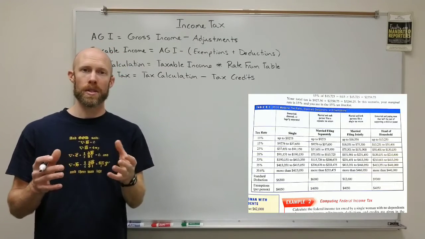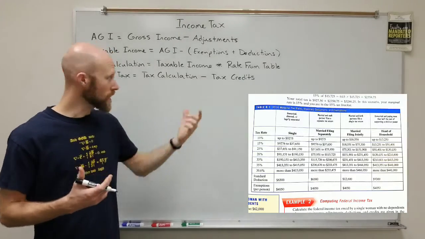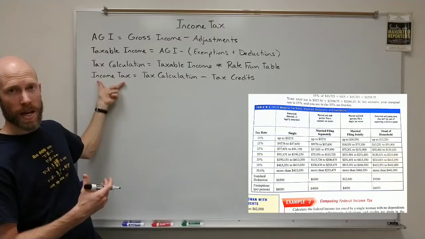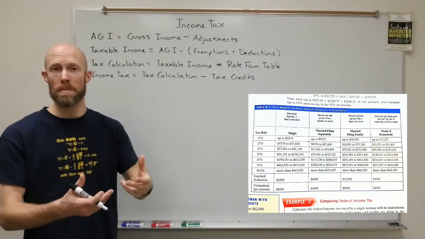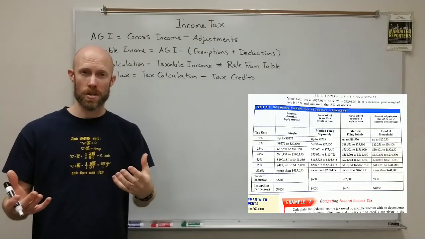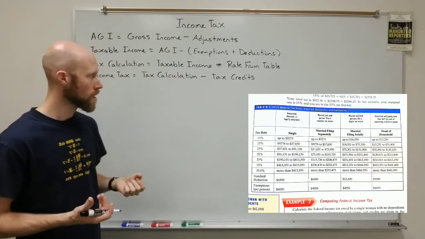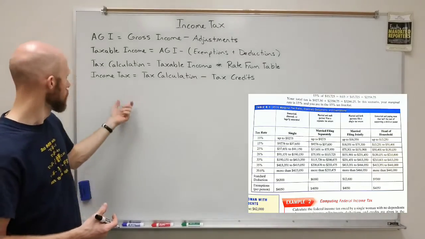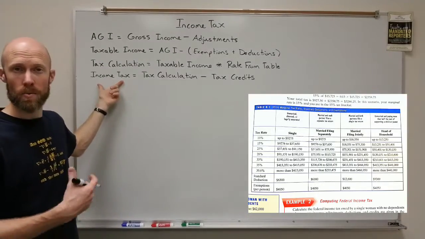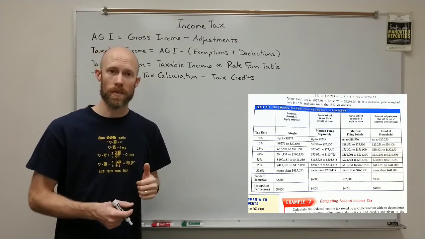If the amount that the government has taken from your paychecks exceeds this final income tax, then you get money back at the end of the year. If the amount of money the government has withdrawn from your paychecks is less than what you calculate you owe, then you actually have to pay more at the end of the year.